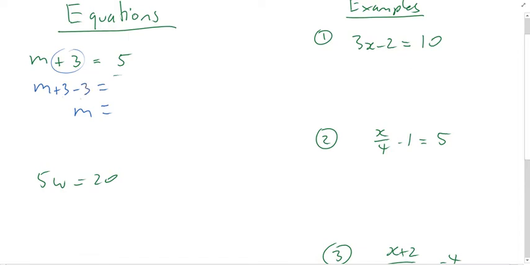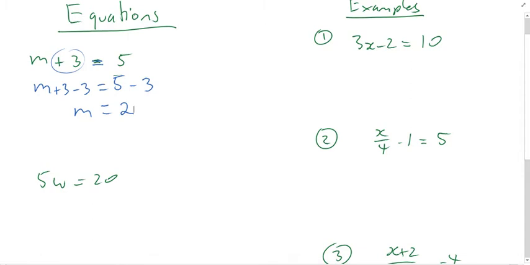Plus 3 and minus 3 equals 0, so I'd be just left with the m on this side of the equation. On the other side of the equation, I want to keep it equal. Now I've minus 3 to this side, so to keep it equal, whatever that 5 was, I have to minus 3 from that. And so I end up getting 5 minus 3 is 2.